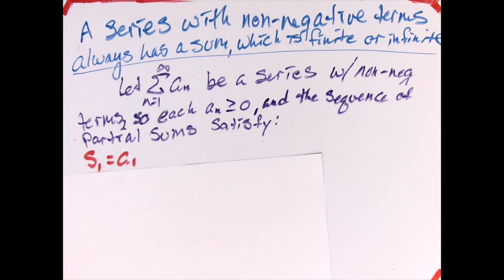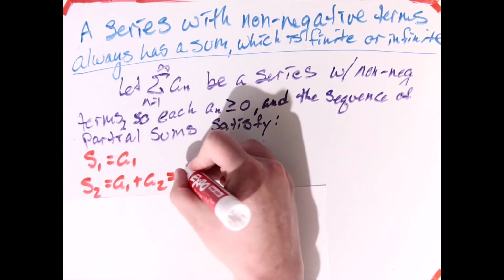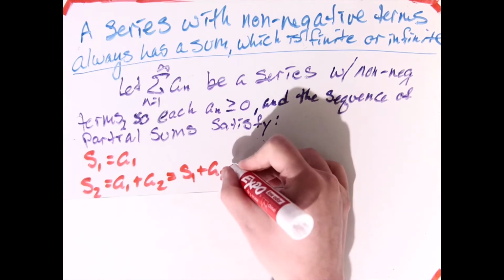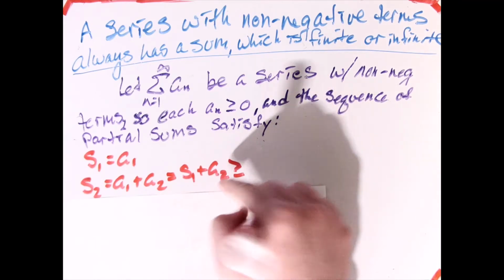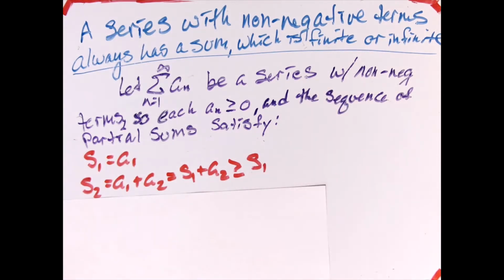The first partial sum is just the first term, and the second partial sum is the first term plus the second term. And since a sub 2 has to be greater than or equal to 0, remember this is just the first partial sum plus the second term, so this has to be greater than or equal to the first partial sum.